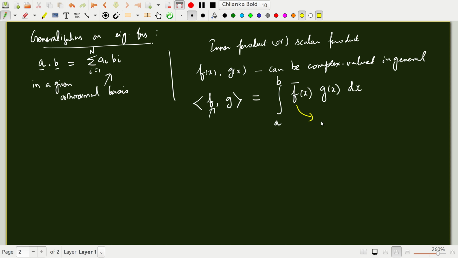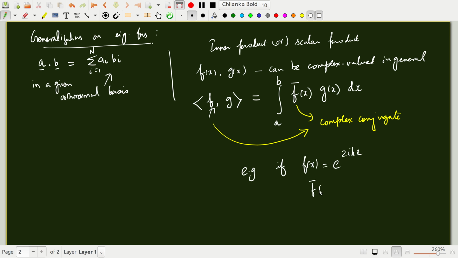This is the complex conjugate of the first function. Example, if f of x is e to the 2ikx, then f bar, the complex conjugate, is e to the minus 2ikx. Okay, so this is how scalar or inner products are defined for complex valued functions.